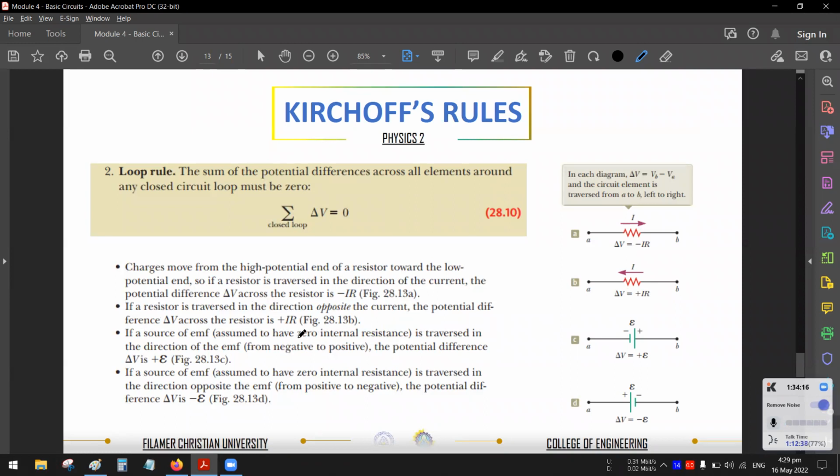If a resistor is traversed in the direction opposite to the current, the potential difference across the resistor is positive.